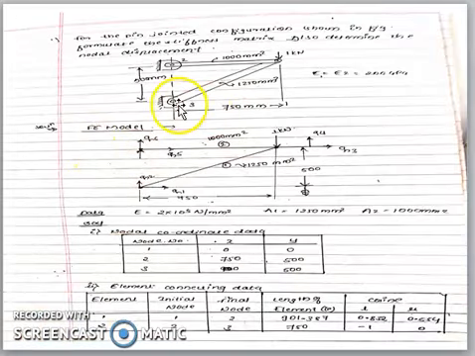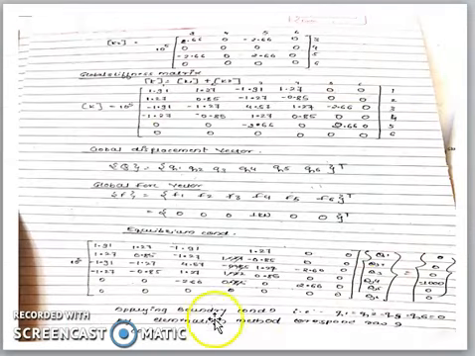Which are the fixed points? Q1, Q2, Q5, Q6. These become 0 because nodes 1 and 3 are fixed: Q1, Q2 is fixed and Q5, Q6 is fixed. So these four nodal displacements become 0. So just write the elimination method.